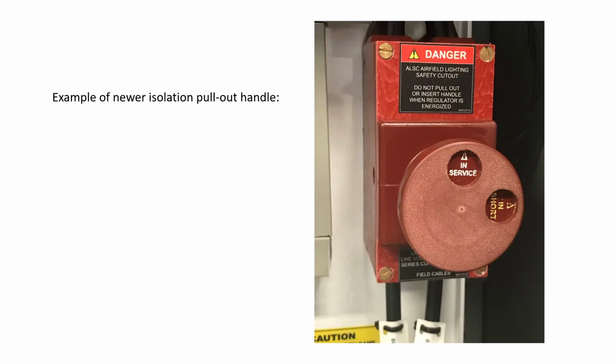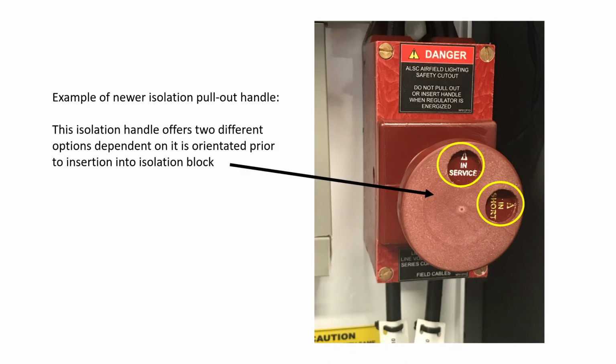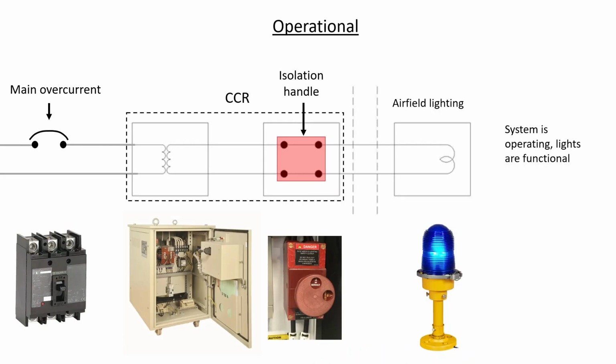Now, on newer isolation pull-out handles, there's going to be 2 settings, in service and in short. The isolation handle offers 2 different options dependent on its orientation prior to insertion into the isolation block. So we then have 3 positions: operational, in short, and full isolation, which would be removed entirely. So if we go back to the system, operational would be with, obviously, the isolation handle in the in-service position.